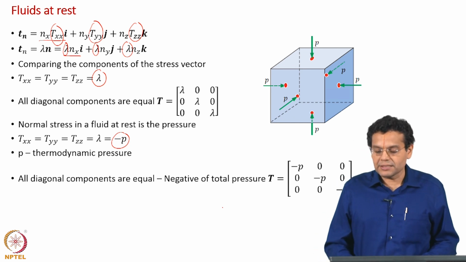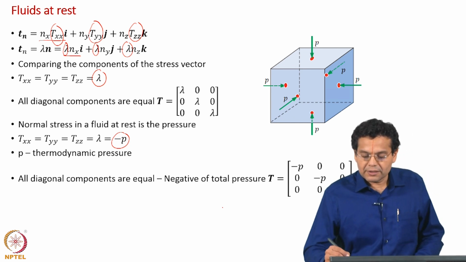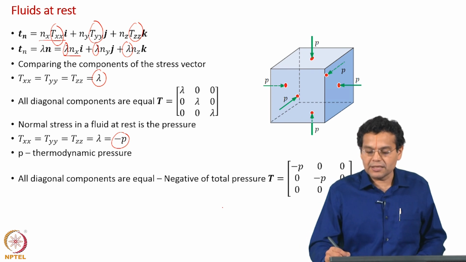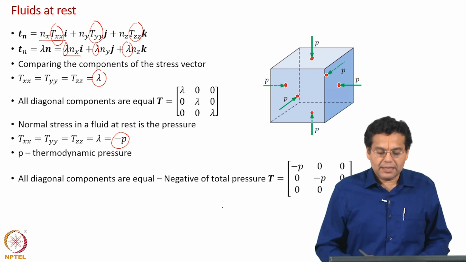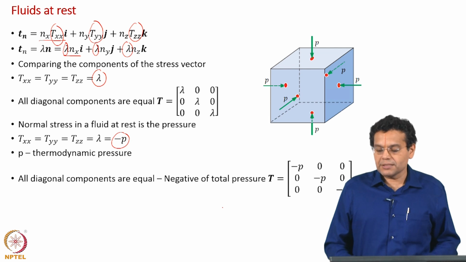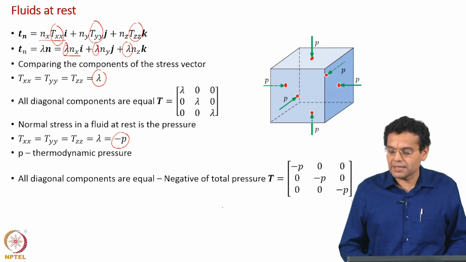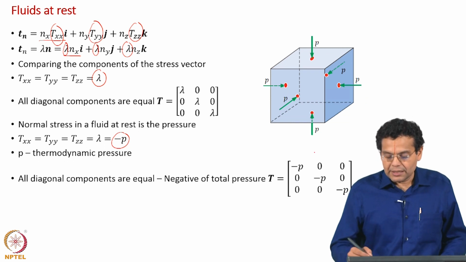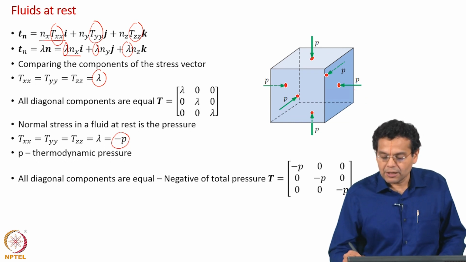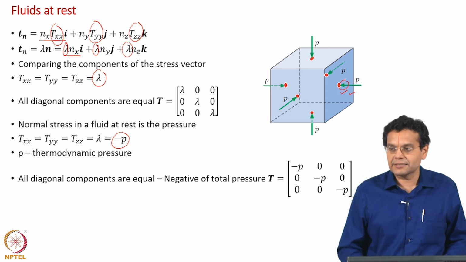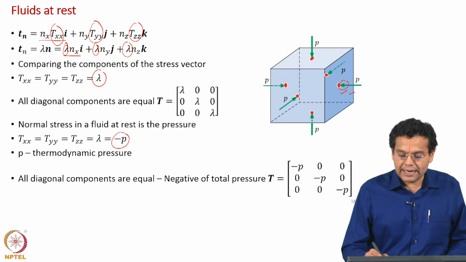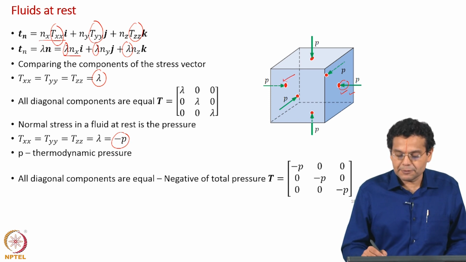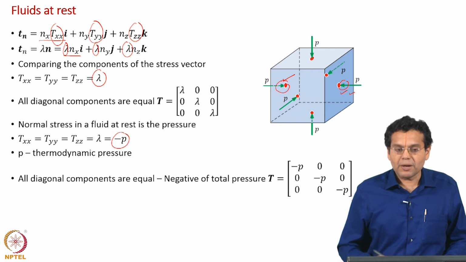How do you represent the stress element? We have seen a more general representation of the stress element. Here the components are only the normal stresses. If you take the right hand side face, remember it is a negative p, which means that on a positive face your force should be along the negative x axis, and on a negative face, because it is minus p, your force should be along the positive x axis.